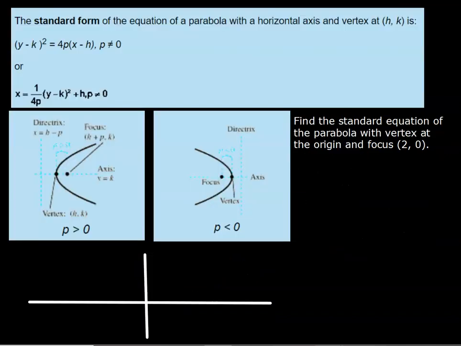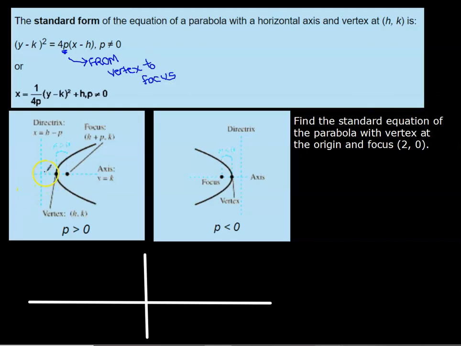Moving on, you also have the standard form of a parabola with a horizontal axis, meaning it faces towards the left and towards the right. But it's still the same thing. P is still the distance from the vertex to the focus.